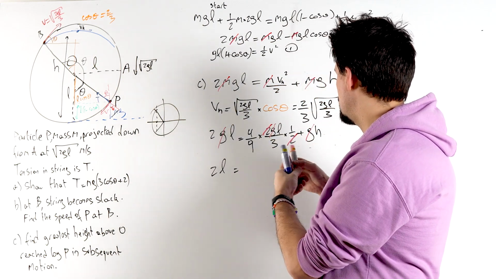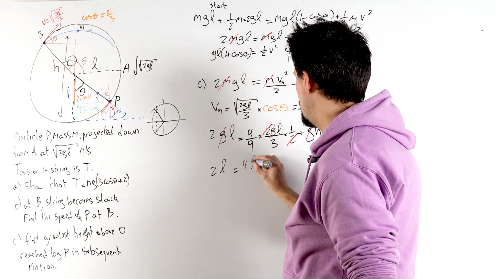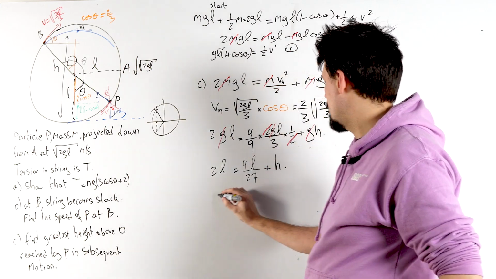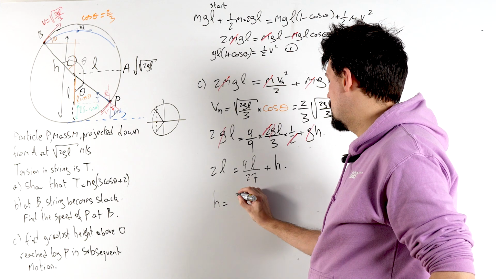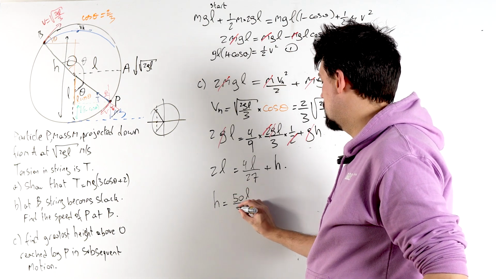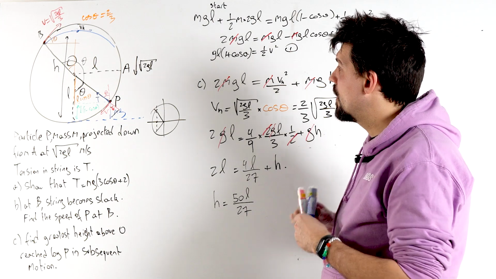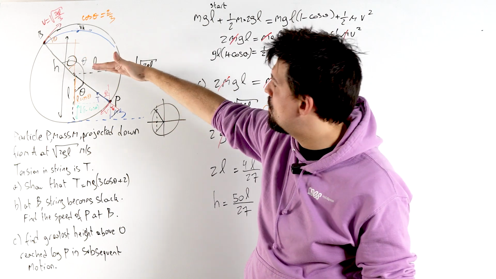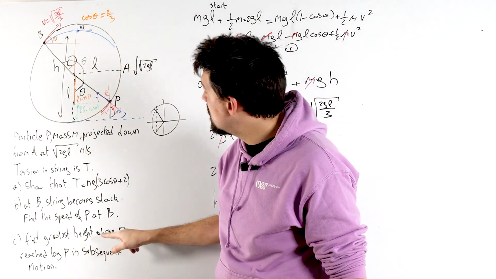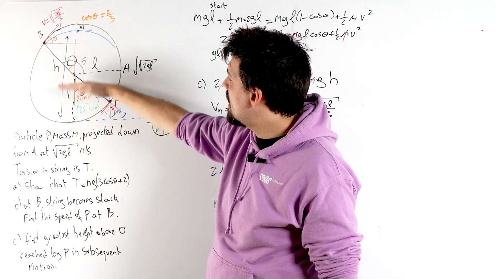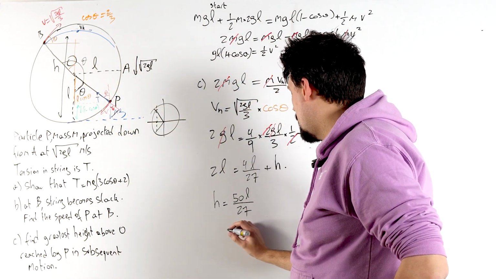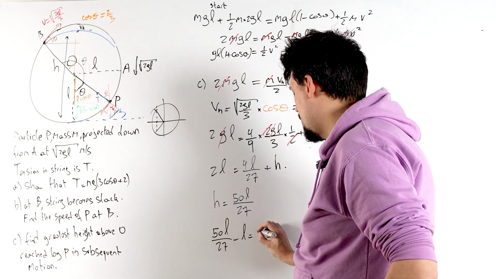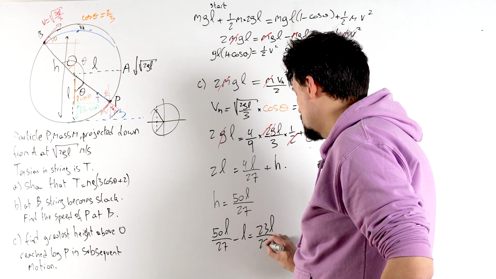These 2's cancel out, so I'm left with 4L over 27 plus H. So H is 50L over 27. But that is the height from the floor. I've taken all of my heights from the floor, so that all my potential energies were positive. I want the greatest height above 0, which is L upwards. So I'm going to take L away from that. So my answer is 50L over 27 minus L, which is 23L over 27.